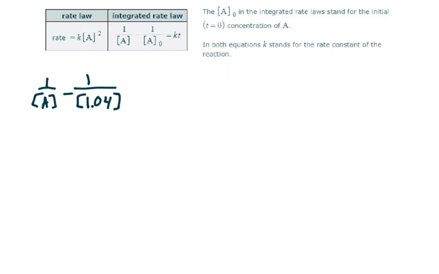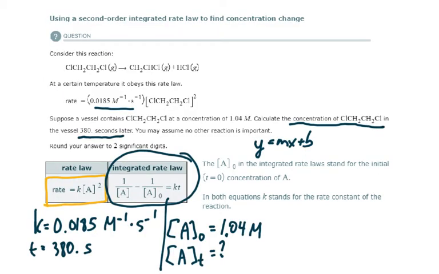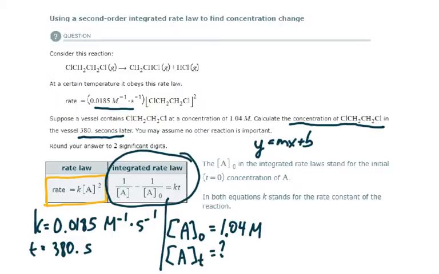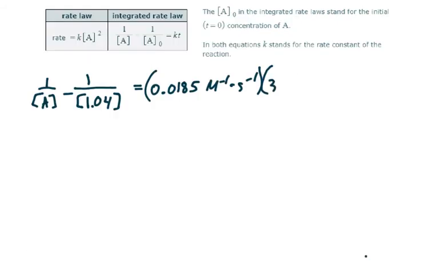So we have 1 over A minus 1 over 1.04 is equal to k, which is 0.0185, times the time, which is 380 seconds. The units of time, seconds, cancel.